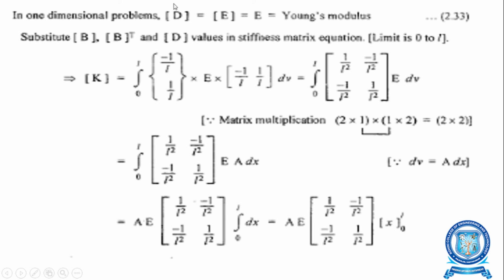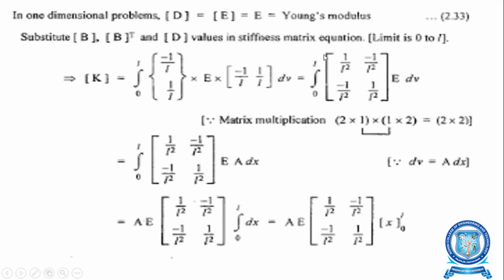In one dimensional problems, D matrix is equal to E, which is called Young's modulus. Substitute the B matrix, B transpose matrix and D matrix values in the stiffness matrix equation. So K matrix is equal to integral 0 to L of B transpose, minus 1 by L and 1 by L, into Young's modulus, into the B matrix value, minus 1 by L, 1 by L, into dV.